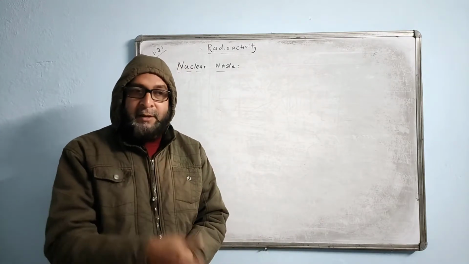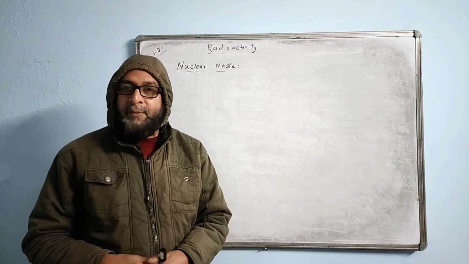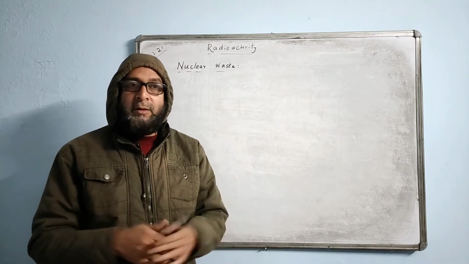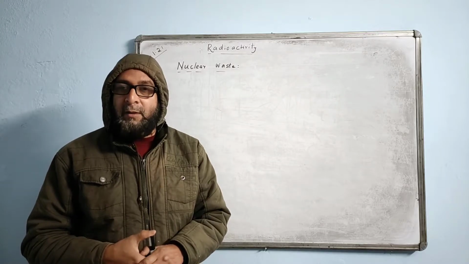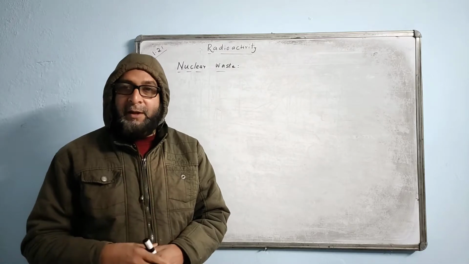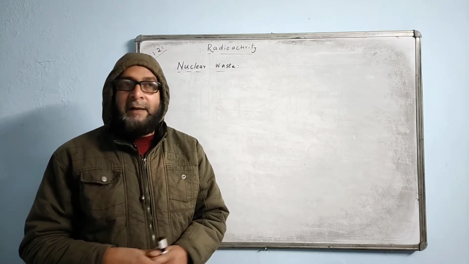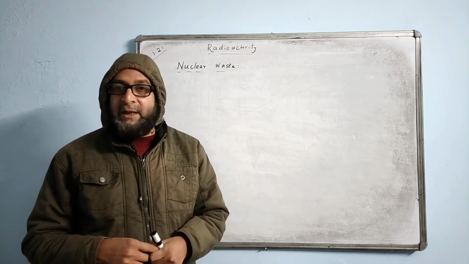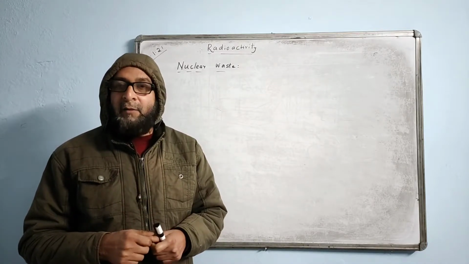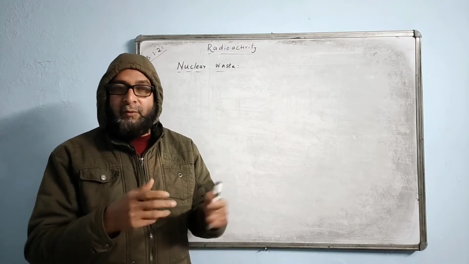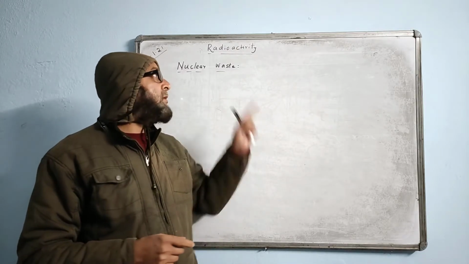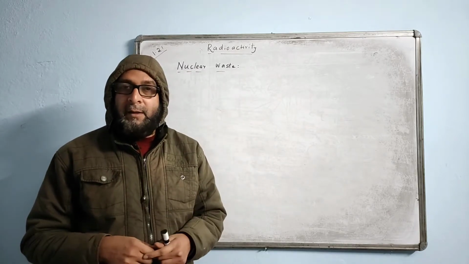The box must be buried underground in an isolated place where there are no inhabitants, where people are not staying. That area must be sealed and prohibited to the public. That is how we dispose of nuclear waste safely.